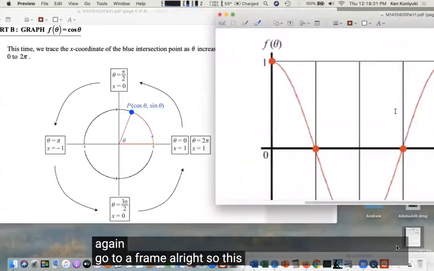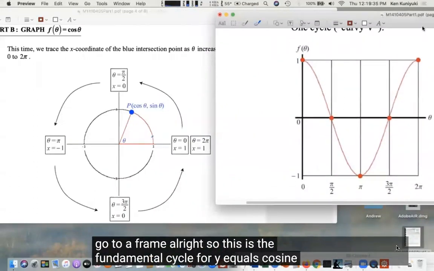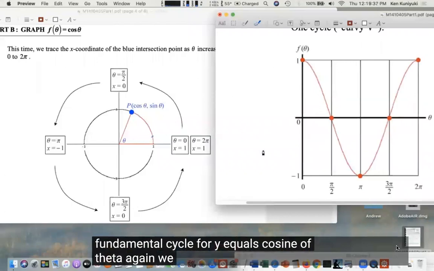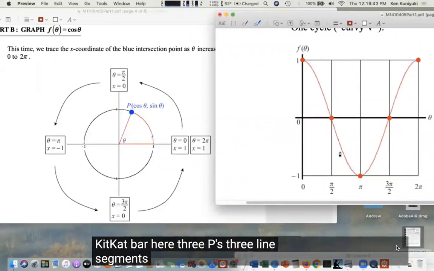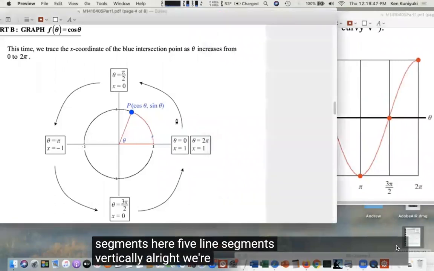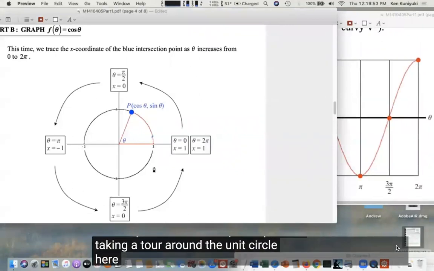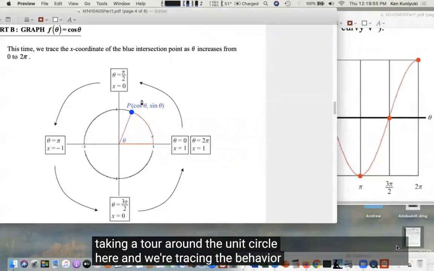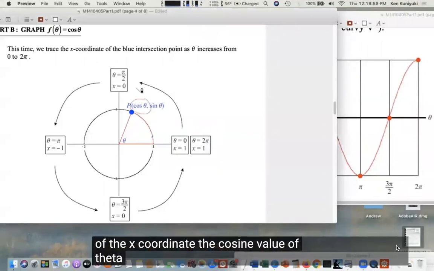All right, so this is the fundamental cycle for y equals cosine of theta. Again, we have our candy bar, our Kit Kat bar here. 3 line segments here, 5 line segments vertically. We're going from theta equals 0 to theta equals 2 pi, taking a tour around the unit circle, and we're tracing the behavior now of the x-coordinate, the cosine value of theta.